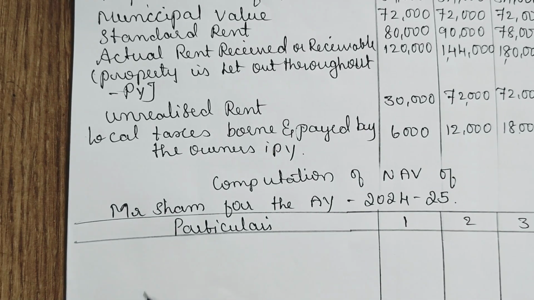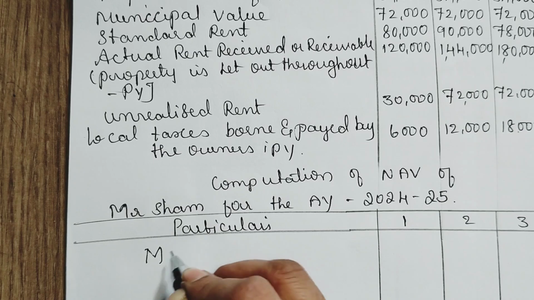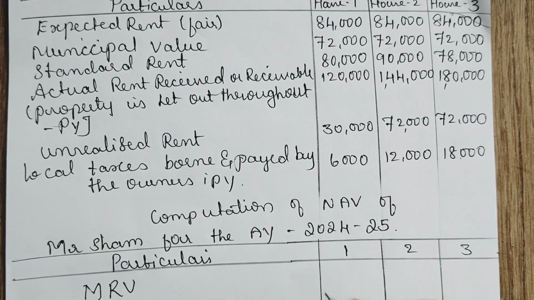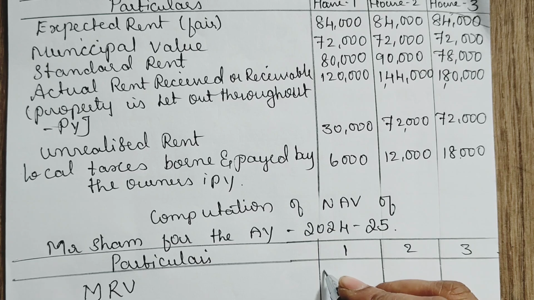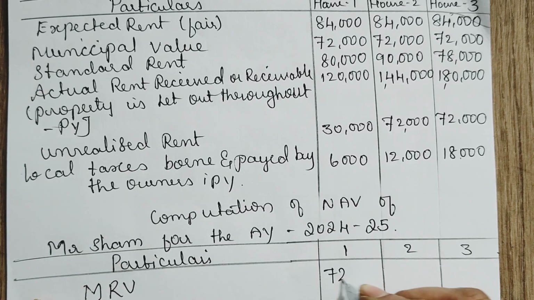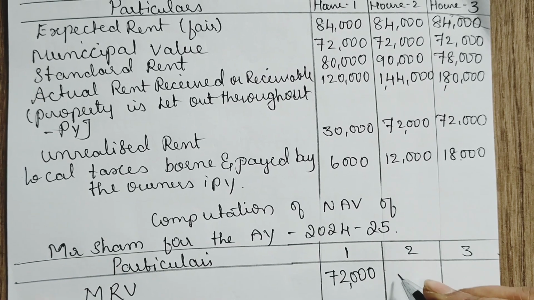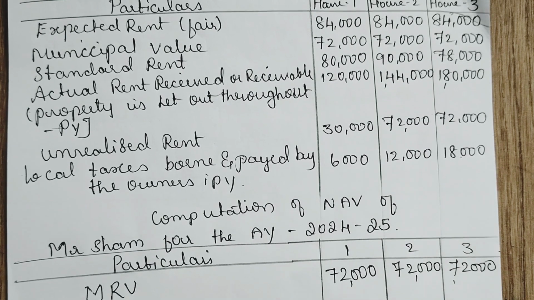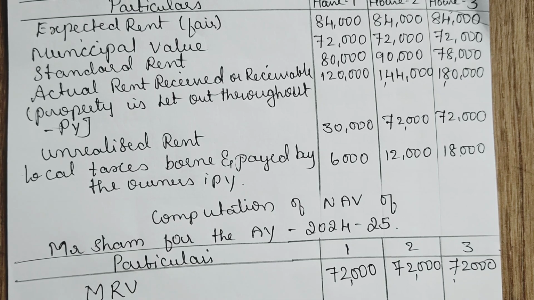Let us solve. First we have to take municipal rental value. Municipal rental value of house 1 is 72,000, 72,000, 72,000. Then with this comparing fair rental value.